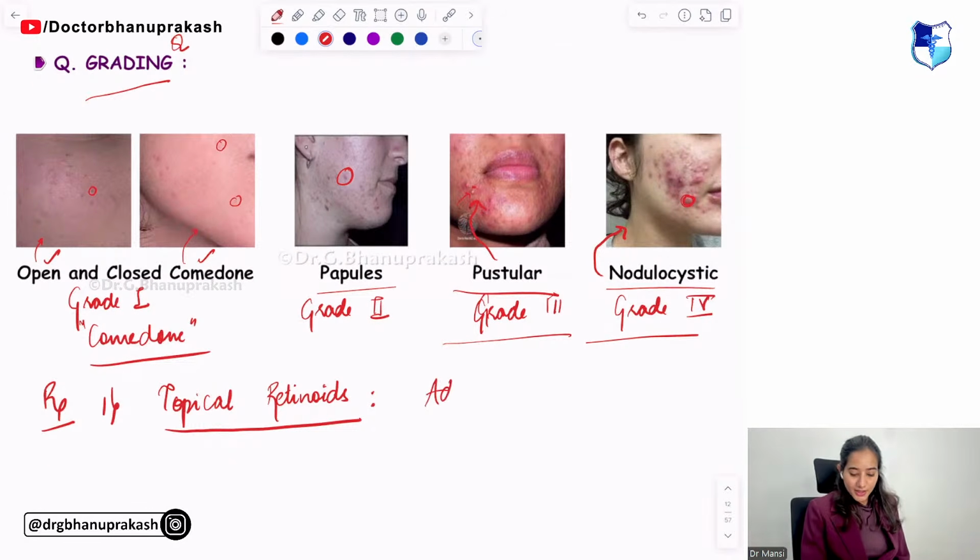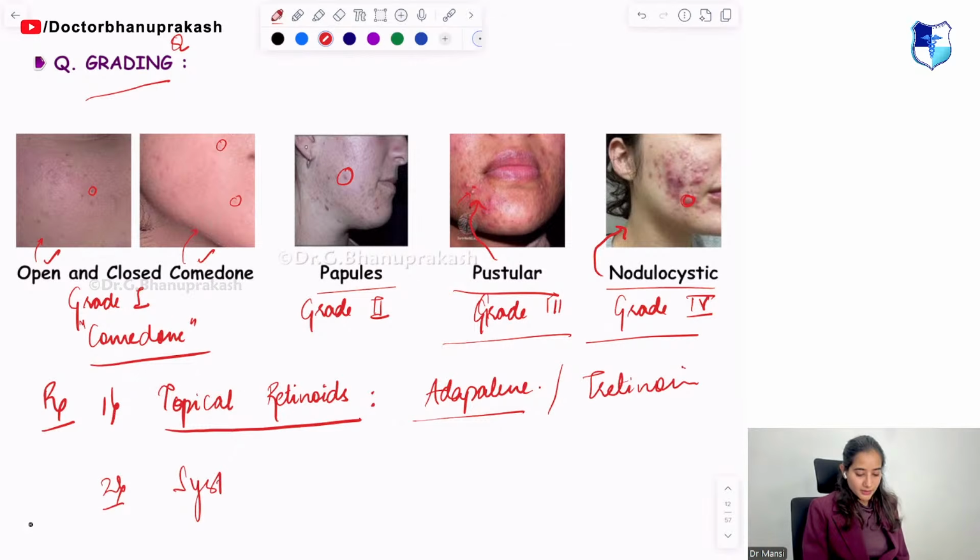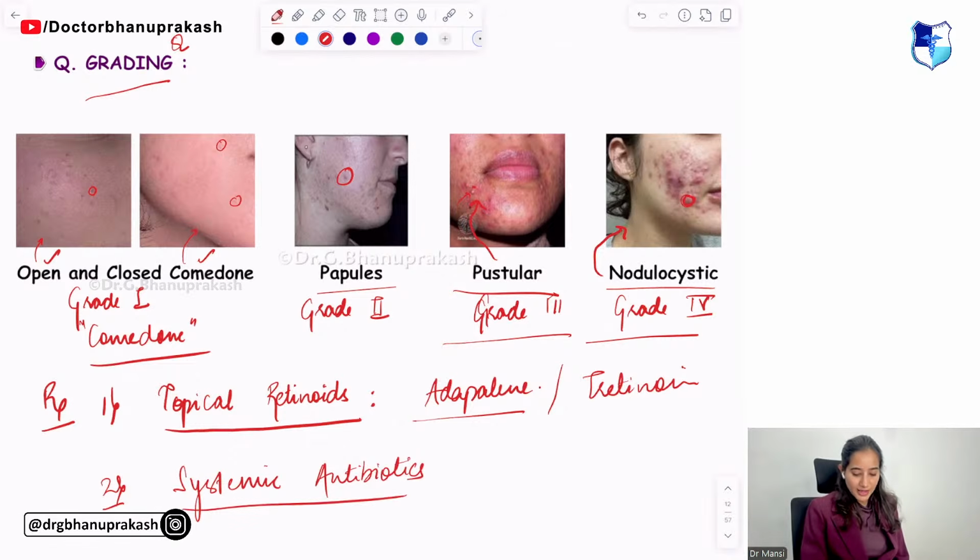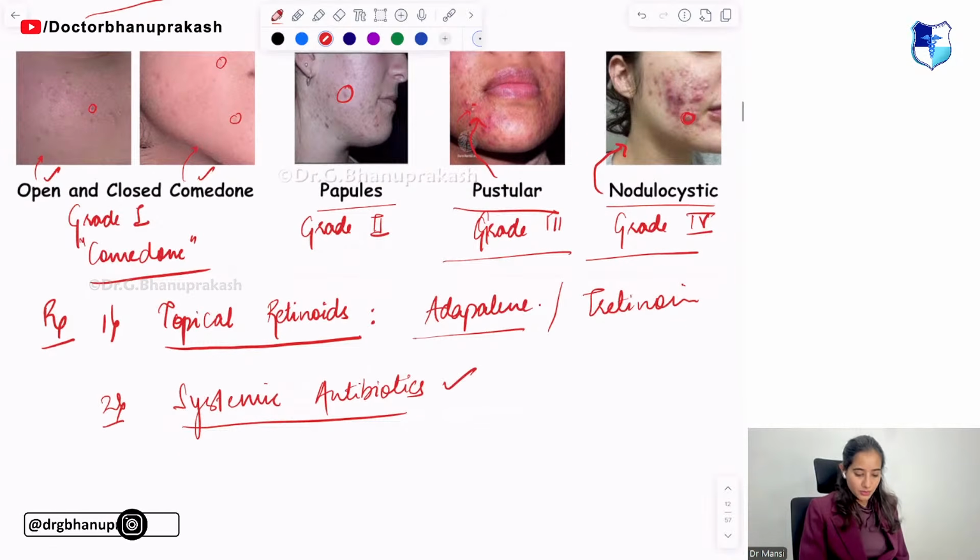Topical retinoids, adapalene you can use, and tretinoin you can use. Then another, you can use systemic antibiotics. You don't have to remember the exact names, but that will be enough for you.